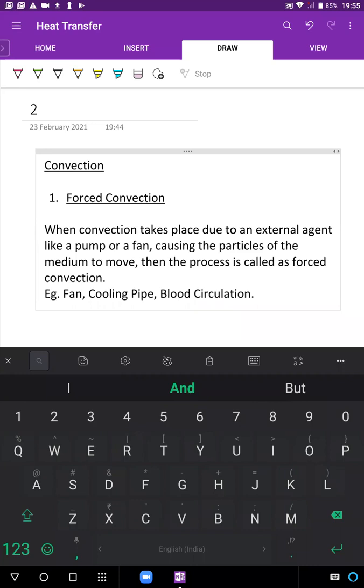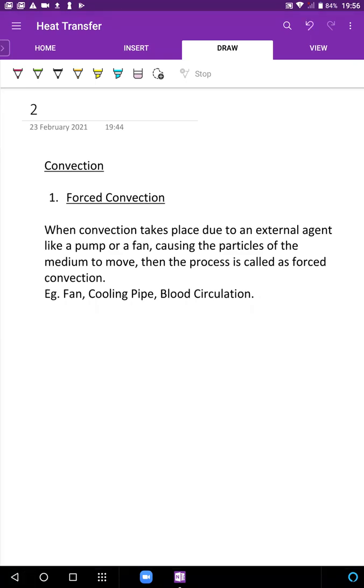Immediately when somebody dies, all of a sudden they become cold. As long as you're alive, your temperature is going to be that specific value, 37 degrees Celsius, because your blood is flowing throughout your body. What is making your blood flow? It's your heart which is pumping it. It's being forced to flow. It's not just flowing naturally. So these are examples of forced convection.